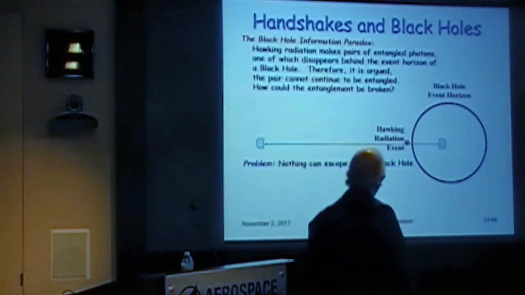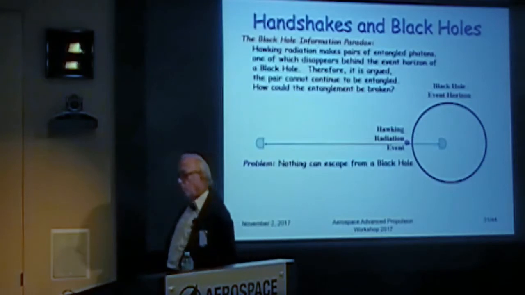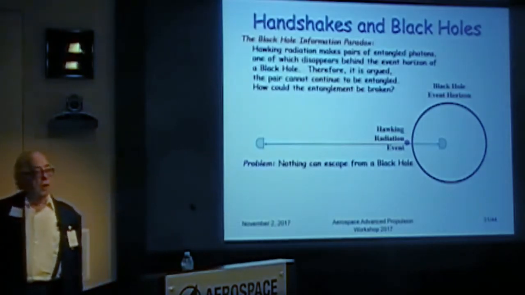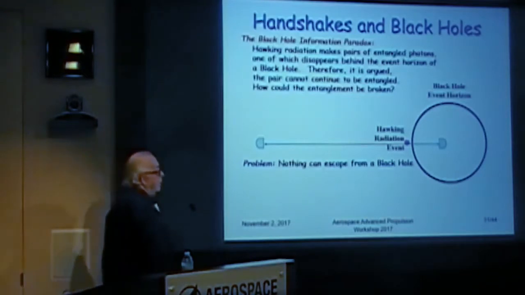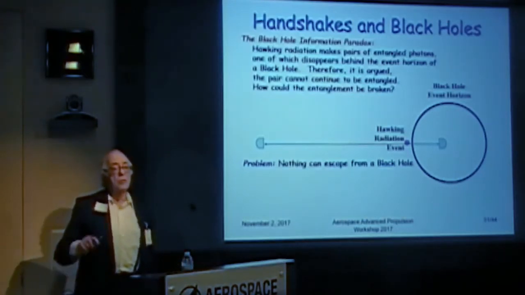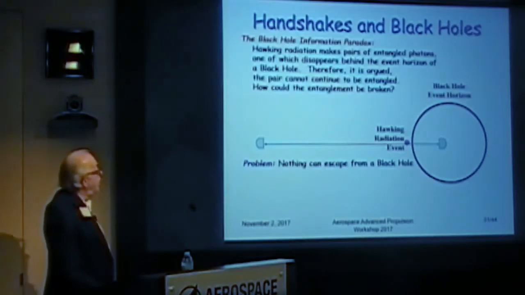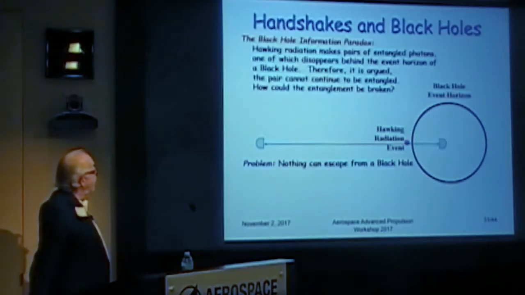And these photons are entangled, and so the problem that string theorists and general relativity theorists and others have been worrying about for the last 20 years is how that entanglement is broken by the event horizon of the black hole.